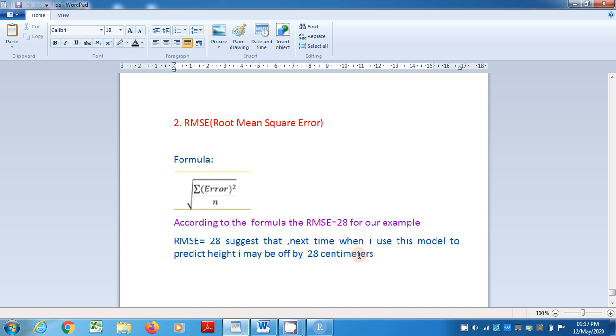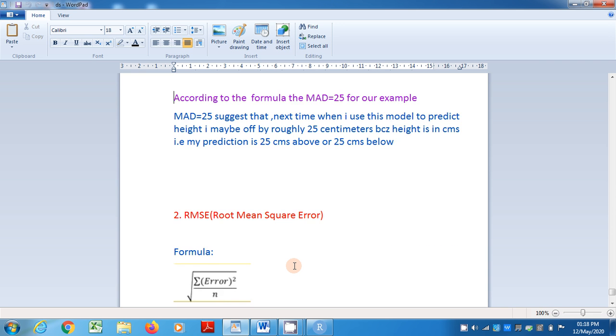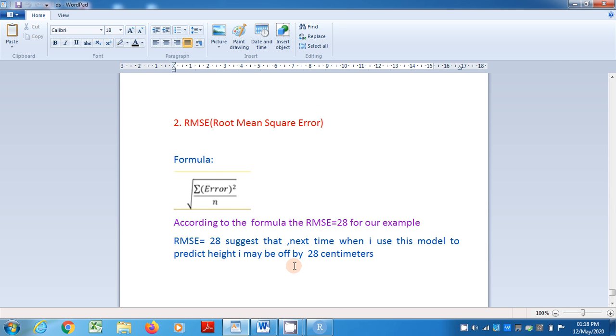Here the sum of all errors squared is divided by n, and we take the square root of the total value. According to the formula, RMSE is 28 for our example. It suggests that next time the predicted height may be off by 28 centimeters. These two, MAD and RMSE, are giving numerical values, 25 and 28.